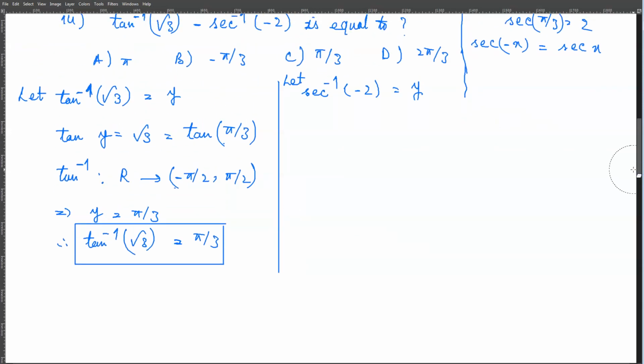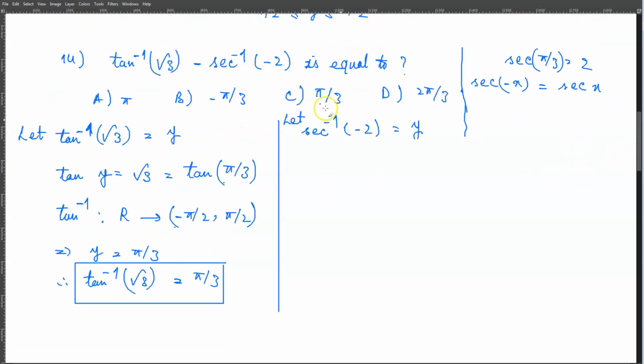What you want to do is calculate the secant inverse of negative 2, right? So if I say let secant inverse of negative 2 is equal to y, that means that secant of y is equal to negative 2.